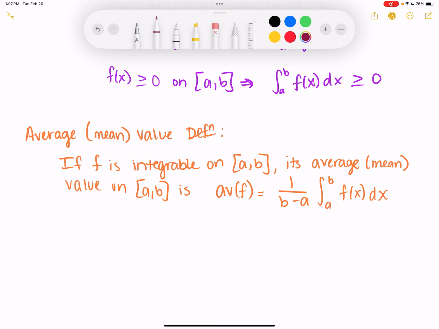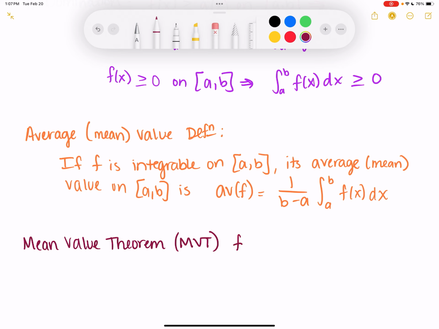All right, we had a mean value theorem for derivatives. Now we're going to have a mean value theorem for definite integrals. So I'm still going to call it MVT. So obviously you will know if you're dealing with integrals or derivatives.